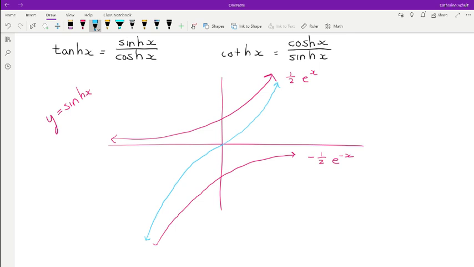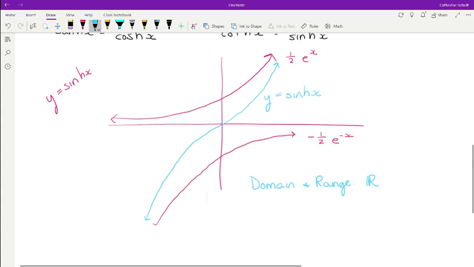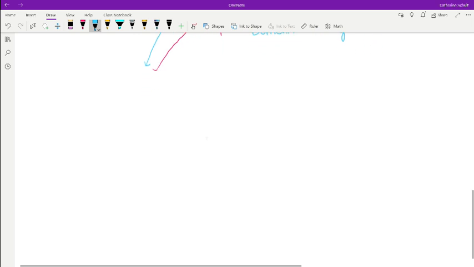So this one I just drew in blue, that's your hyperbolic sine. All right, and then visually we can see that it's an odd function. It has that symmetry about the origin. And the domain and range are both real numbers. All right, so moving on, let's look at hyperbolic cosine.